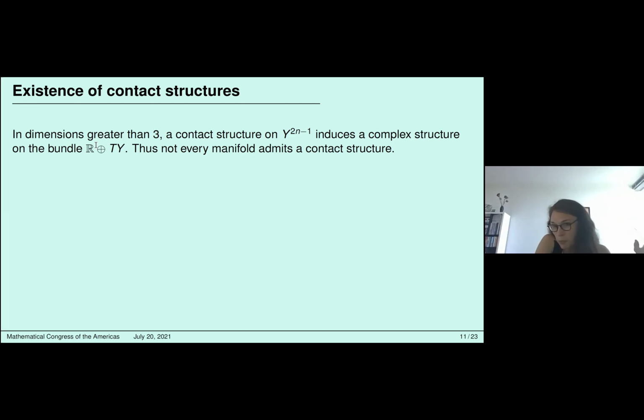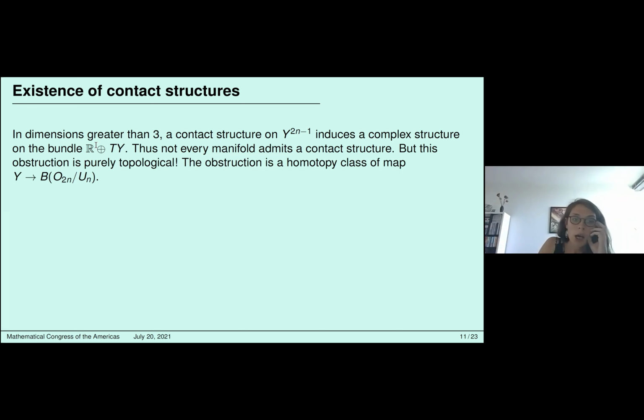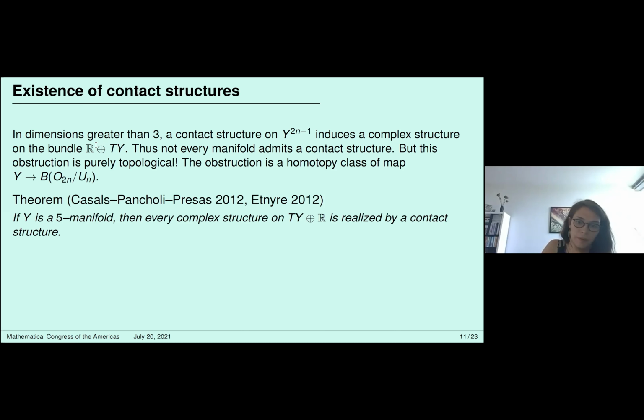So not every smooth manifold has one. But of course, that's a topological obstruction. I'm not talking about any sort of holomorphic structure here. I'm just talking about a topological obstruction, and you can measure this. This is some algebraic topology language if you're not in the field. But these are the right terms to phrase things.